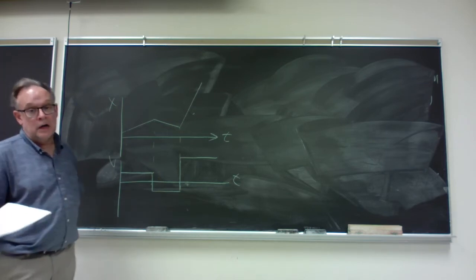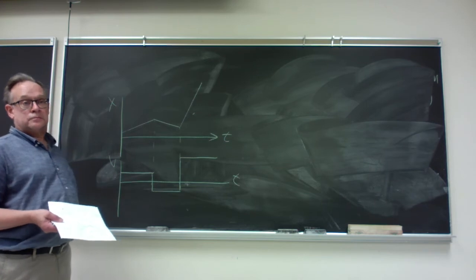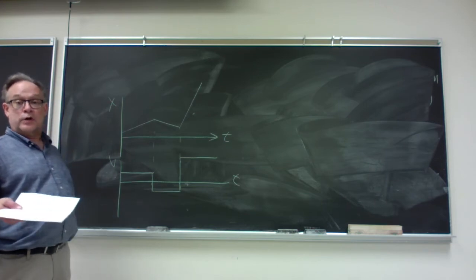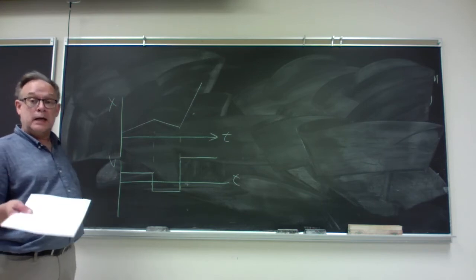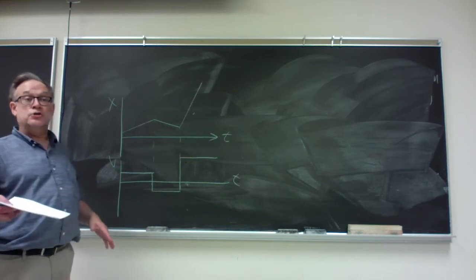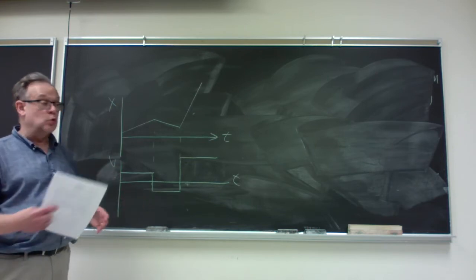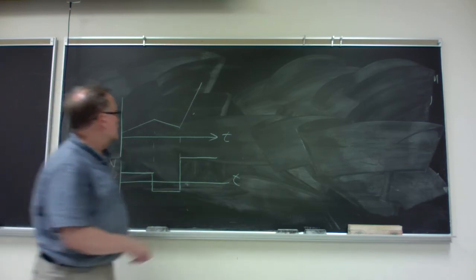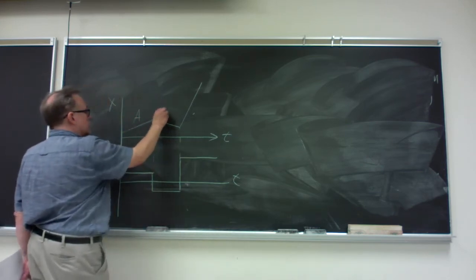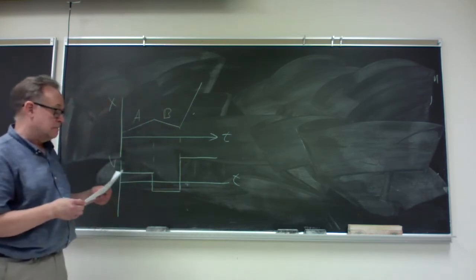Of course, there are other ways to look at it. There are other ways you should be able to look at it. In addition to the slope is velocity slogan, look at time A. We'll call this time interval A and time interval B, for instance.